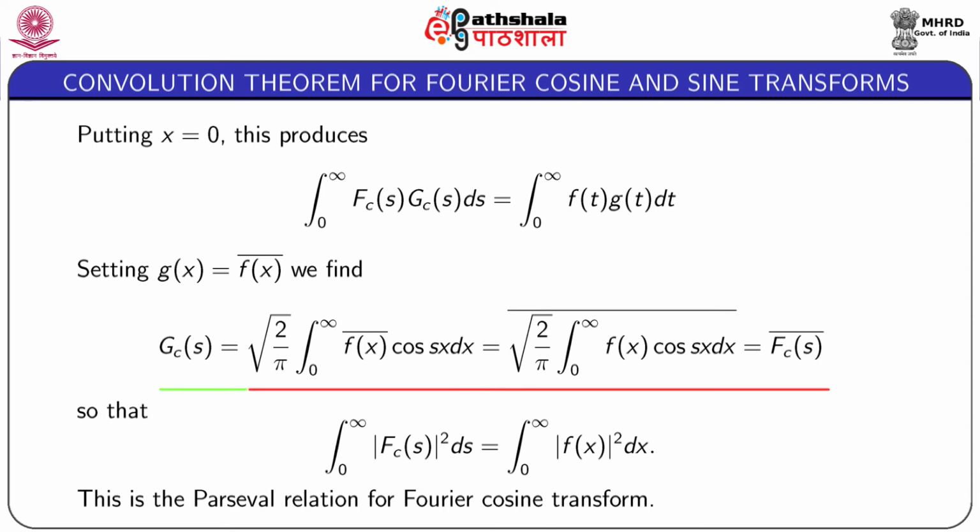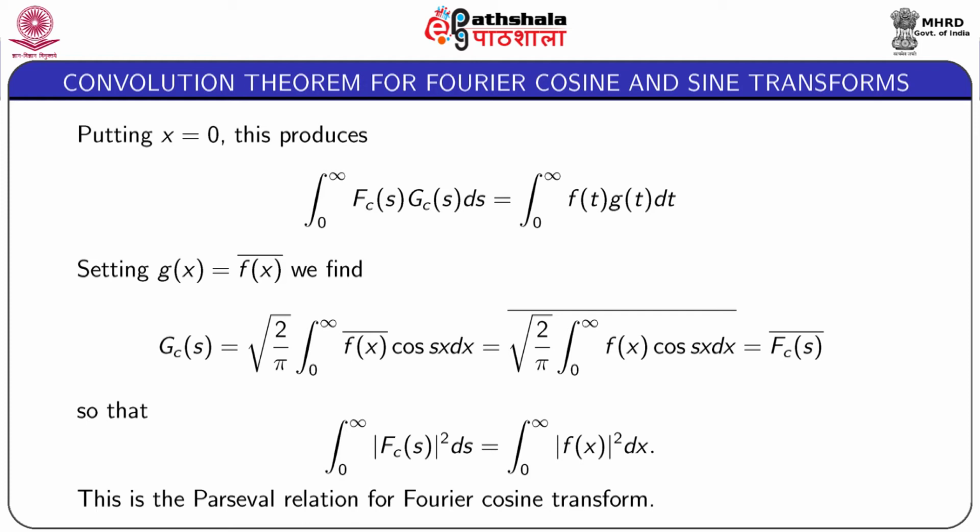This is equal to root over 2 by pi integral 0 to infinity, instead of g(x) we substitute f bar(x), into cos sx dx. So this gives root over 2 by pi integral 0 to infinity f(x) cos sx dx whole bar, that means the complex conjugate of the whole integral, and that gives the complex conjugate of capital FCS, that means the complex conjugate of the Fourier cosine transform of small f(x).